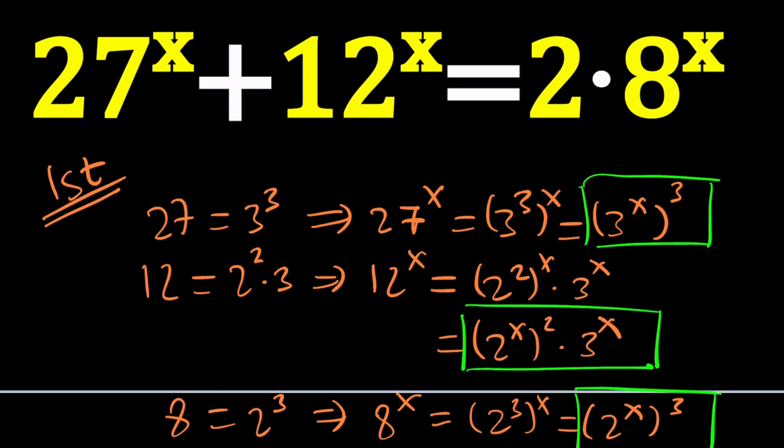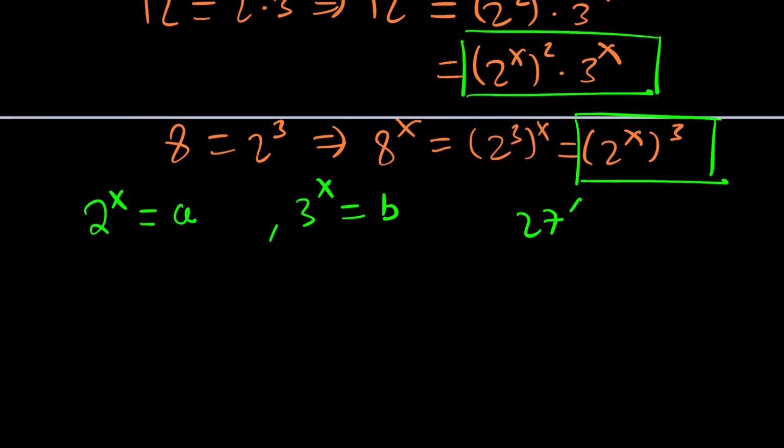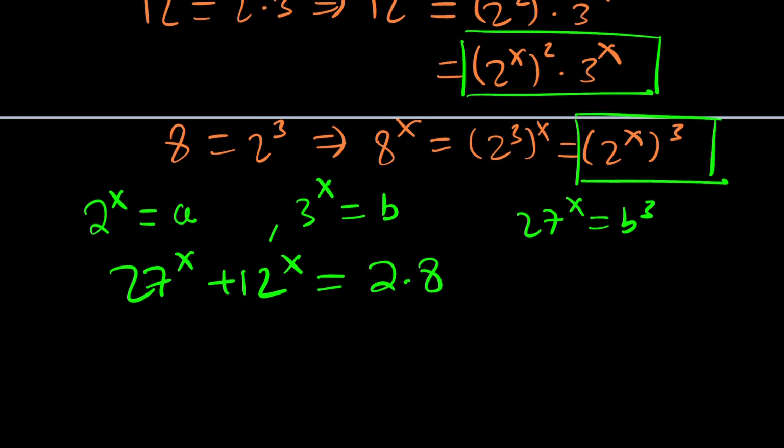So starting with the 27 to the power x, which is (3^x)^3. Obviously, since this is b, 27 to the power x would be b cubed, right? So I'm going to go ahead and rewrite the original problem one more time and then just replace it with what it is.